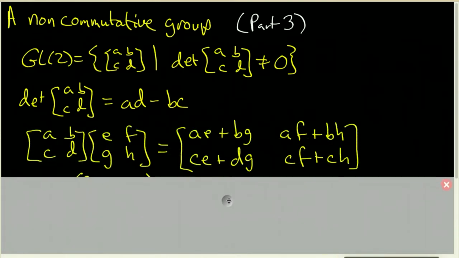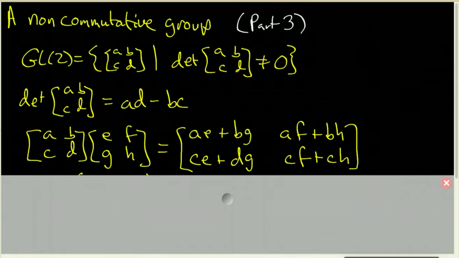We've also looked at the definition of matrix multiplication as it applies to 2 by 2 matrices. To quickly go back over this matrix, this 1, 1 entry is formed by dotting the first row of the first matrix with the first column of the second matrix. The 1, 2 entry of the product matrix is formed by dotting the first row of the first matrix and column 2 of the second matrix.